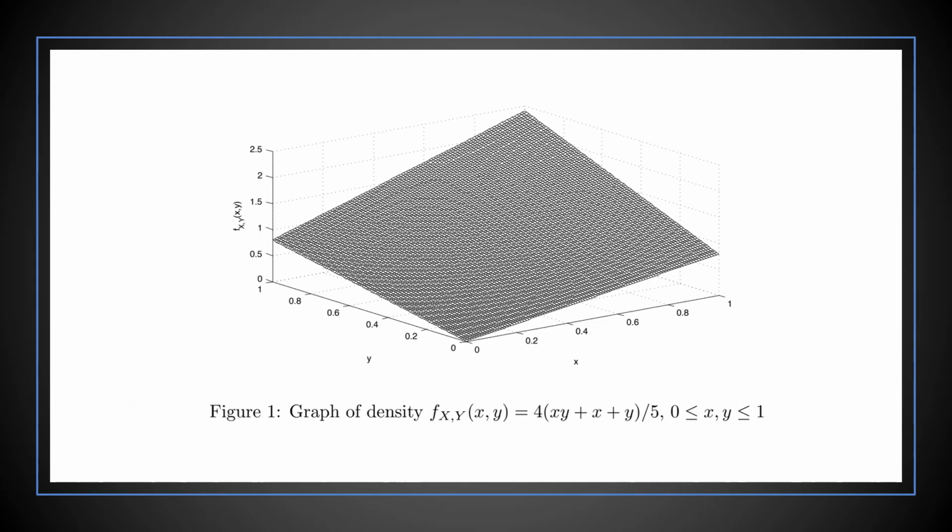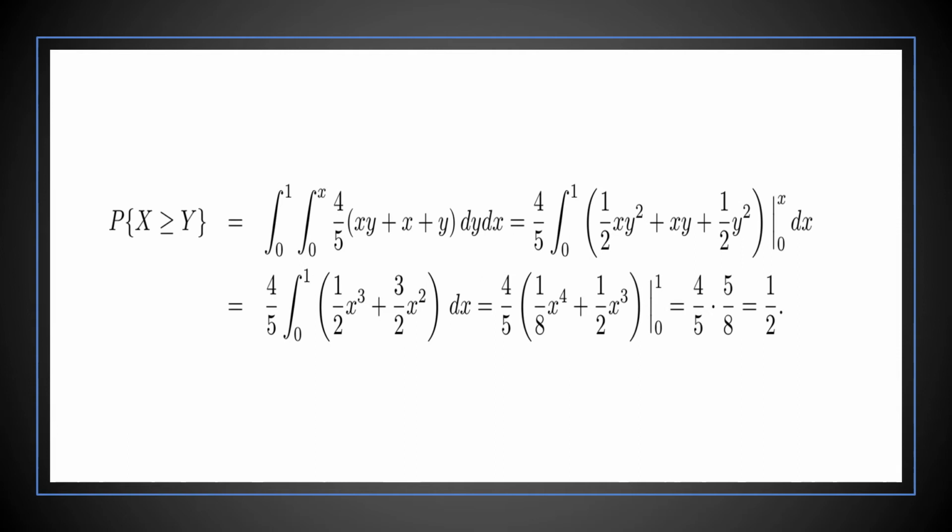The graph of this density function can be obtained using some graphing utilities like MATLAB or graphing calculators, say TI-92 or something like that. You get a three-dimensional diagram like this. Suppose we have to find the probability of x greater than or equal to y.